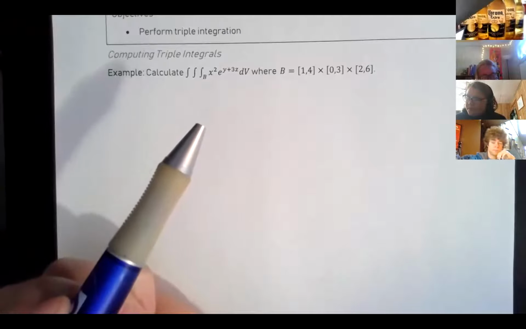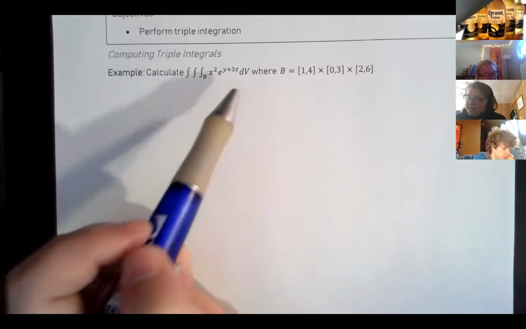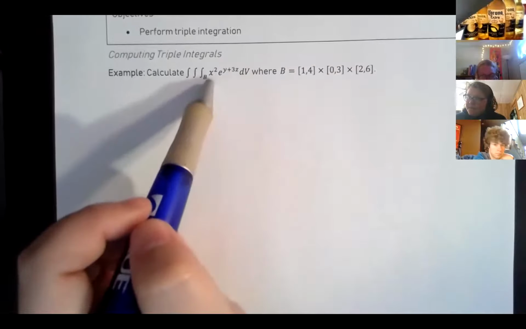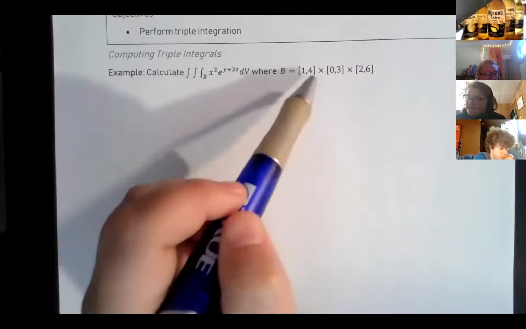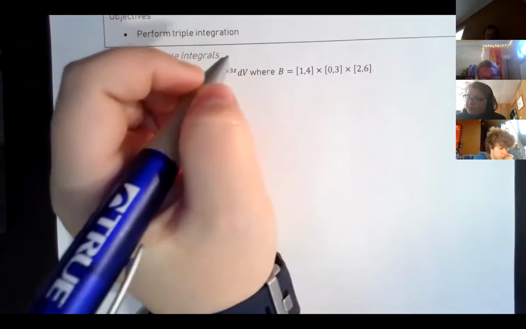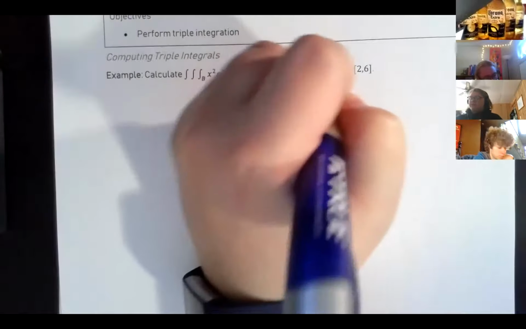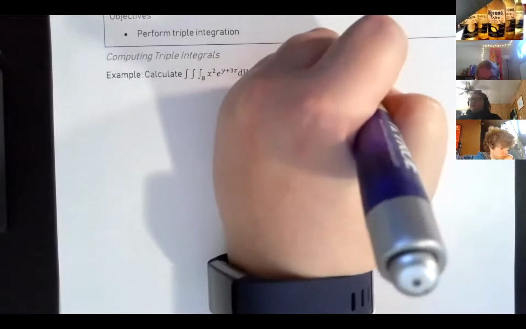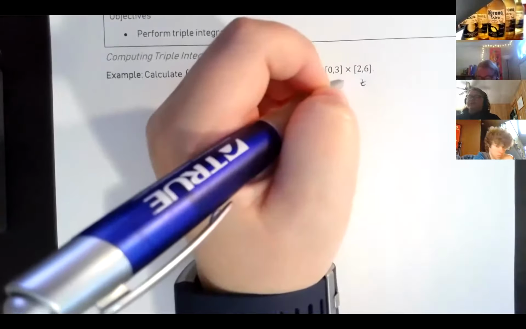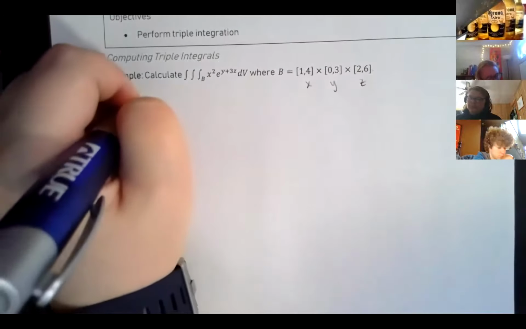So if I was looking at the triple integral of this thing, where my bounds are going to be here, this is talking about the x, the y, and the z. So I could set this up.